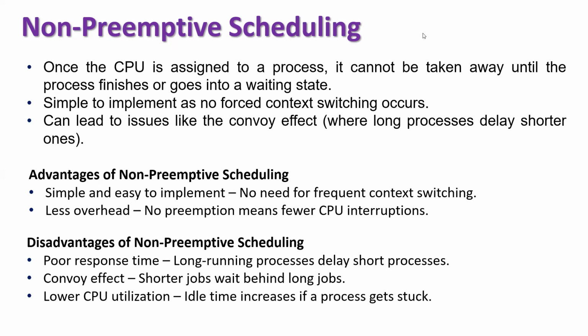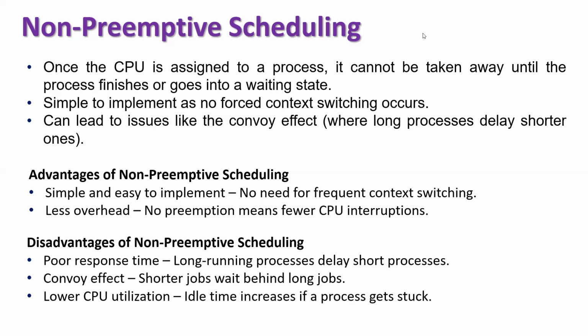As we stated, it may cause the convoy effect where shorter processes have to wait for longer ones to finish first. And this can decrease the CPU utilization because idle time can increase if a process gets stuck.